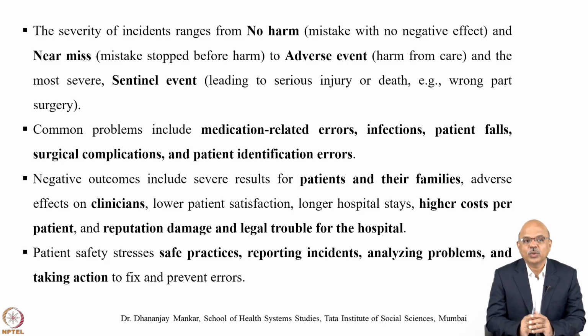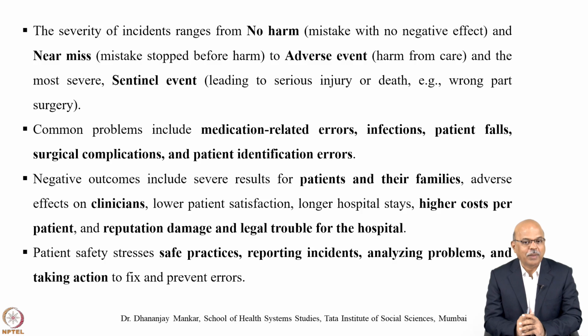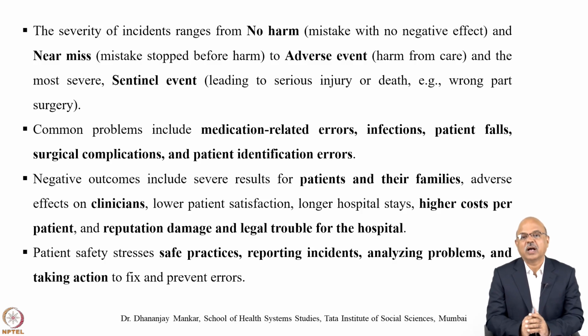In continuation, the severity of incidents ranges from no harm, that is a mistake with no negative effect, or a near miss, that is a mistake stopped before harm happens, or an adverse event, that is harm from care which has led to a major problem, and the most severe is the sentinel event, that is a death or fatality leading to severe injuries or death. Examples are wrong-part surgery, wrong medication, and choosing a wrong site.